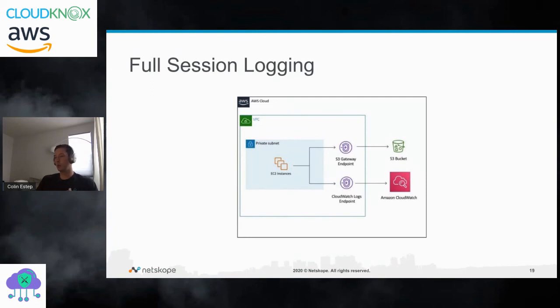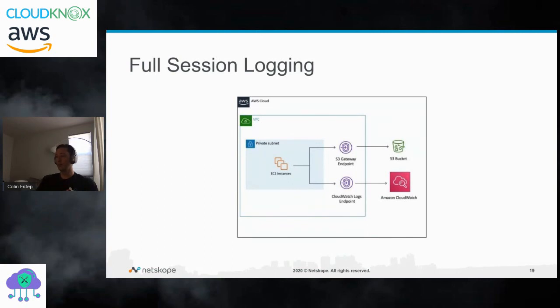And in my example here, I'm showing, in the case that I have EC2 instances that I want to stay private and minimize internet traffic, I can set up endpoints and get those logs shipped off to where they need to go without it going through the internet. So it's a really great feature.